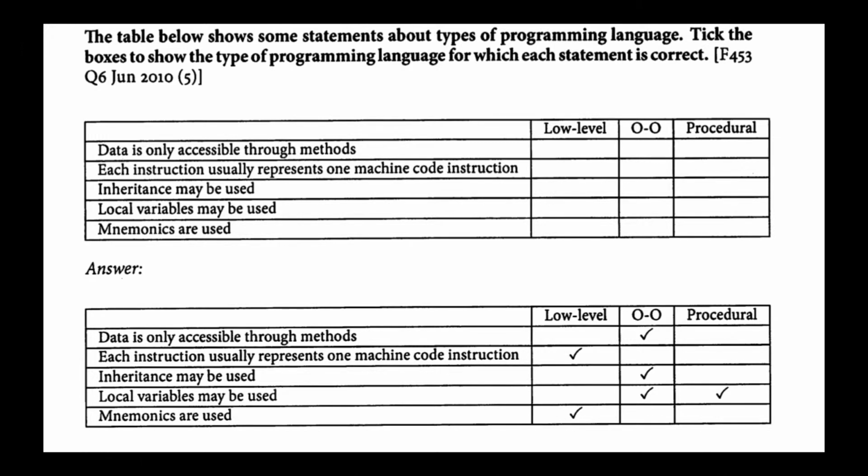Each instruction usually represents one machine code instruction, low level. Inheritance may be used in object oriented. Local variables may be used in both object oriented and procedural. Mnemonics are used within low level languages.